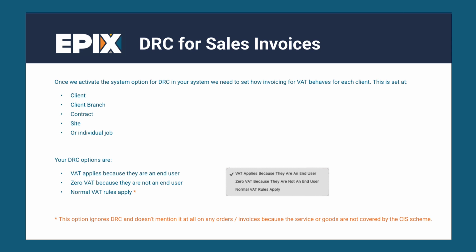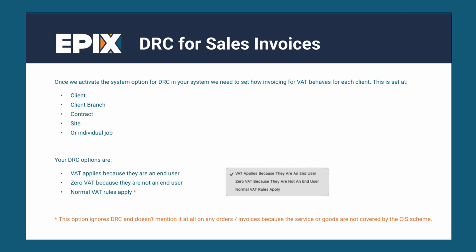So, how it works. We can turn it on. It's a system option that, once we've turned it on, gives you an additional drop-down list within the client wizard where you can set the DRC options and choose how invoicing for VAT behaves per client. But, and I'm thinking about doing an extra session on this, where you invoice and how you set your invoicing arrangements isn't just at your client level.